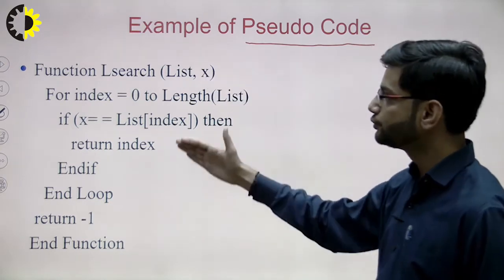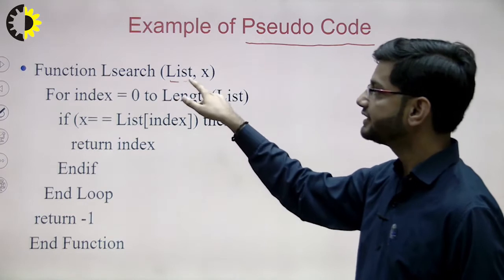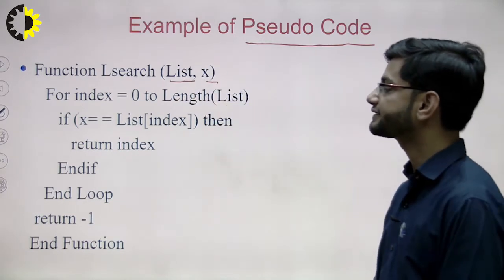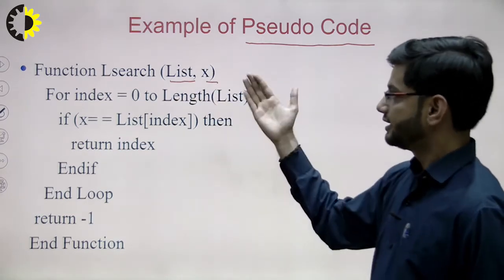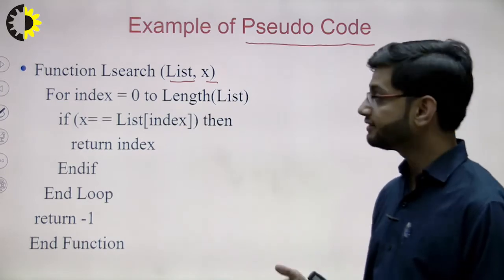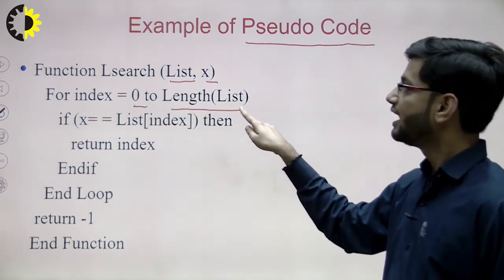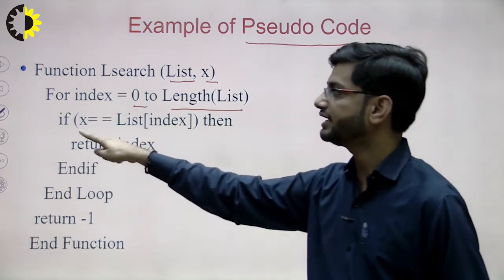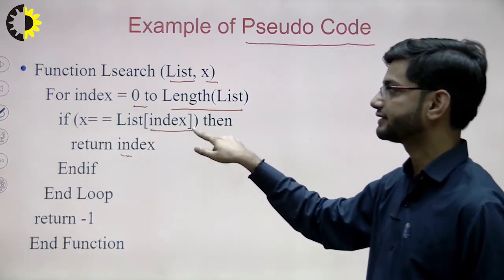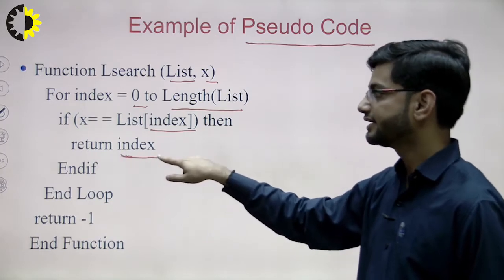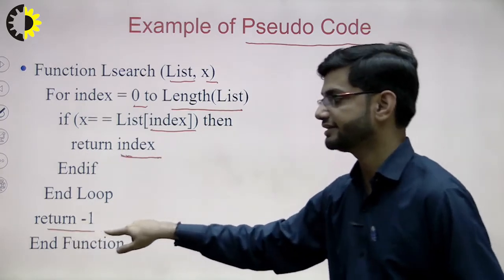So this is the pseudocode where we have a list and we have the desired element X, and we will scan the element, search the element from 0 to length of the list, and if we find the element X at a particular index, I will return the index, otherwise I will return -1.